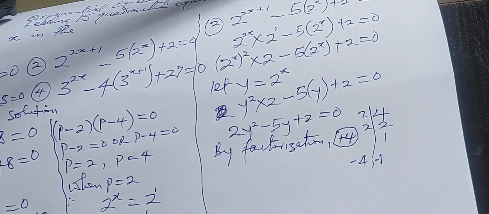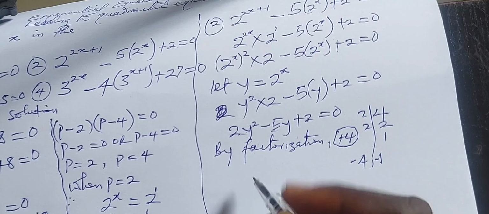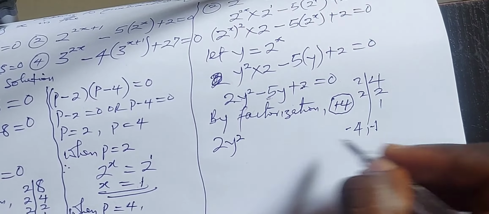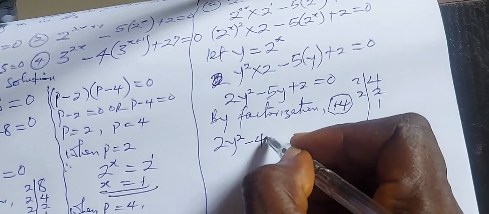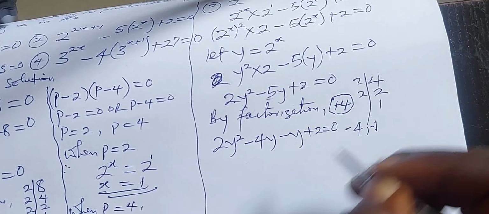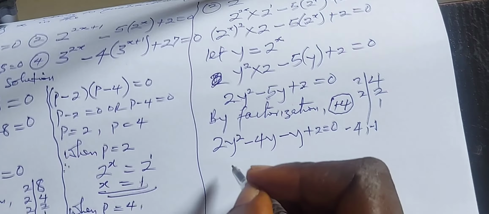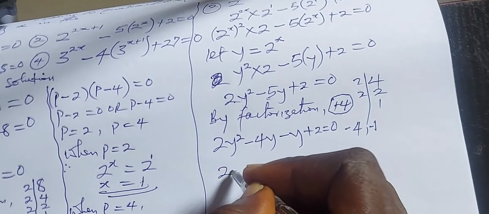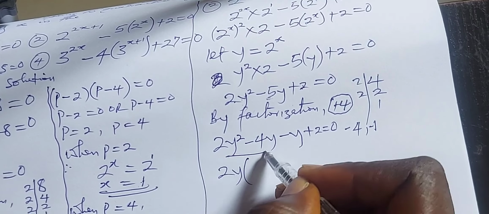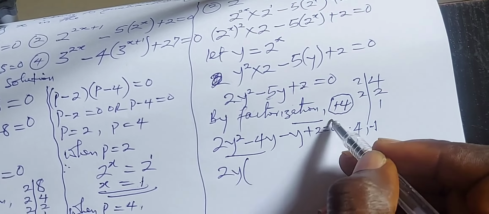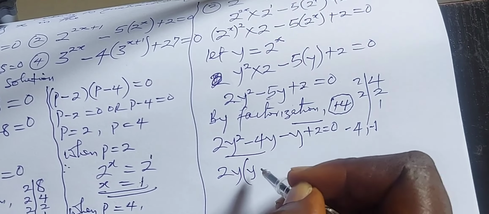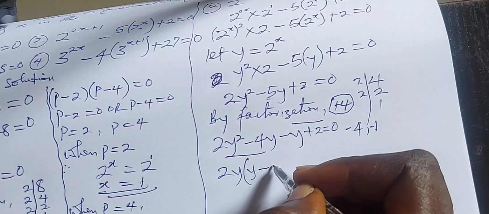So we use this to rewrite our expression. We have 2y squared minus 4y minus y plus 2 equals 0. So what is common here? 2y is common in the first two terms. Factorize these: what is common here is 2y. 2y into 2y squared gives y, minus 2.